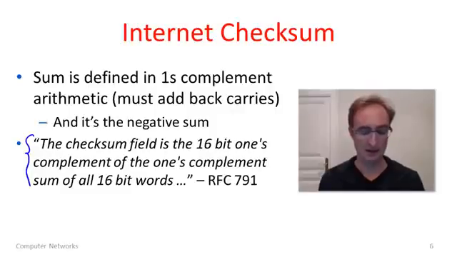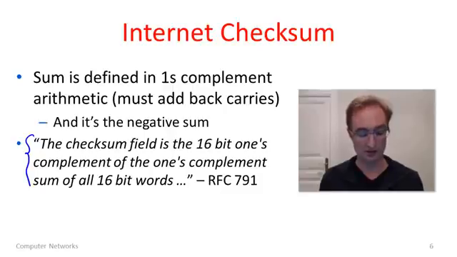It's not that confusing once you get used to it. Essentially, you sum up all of the data 16 bits at a time, and then you negate it, so you come up with the negative sum. The catch is that all of this arithmetic is done with ones complement addition, and it's done that way to give a better distribution of our data over the 16 error bits.